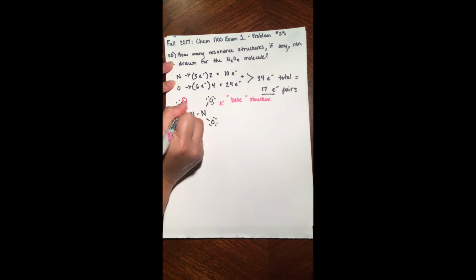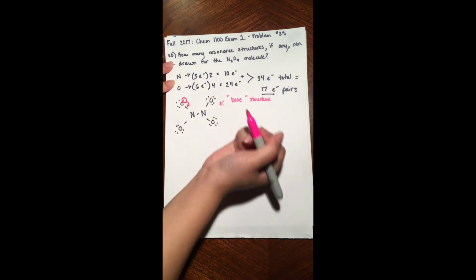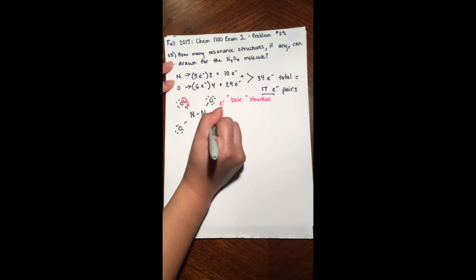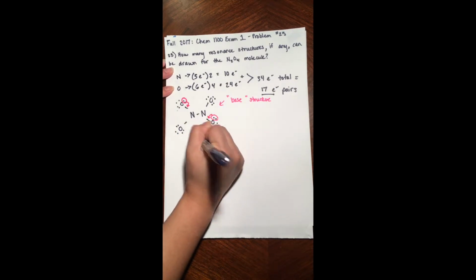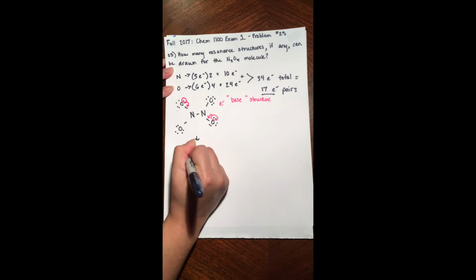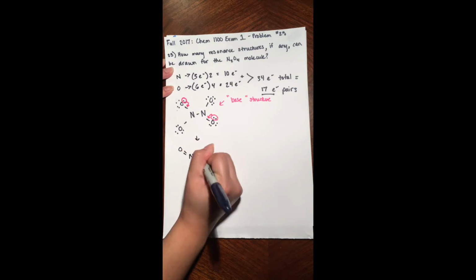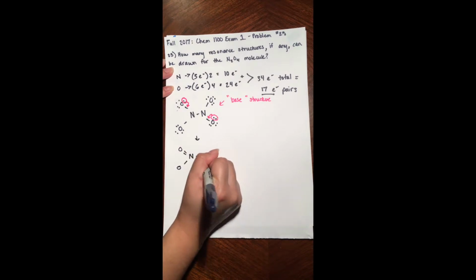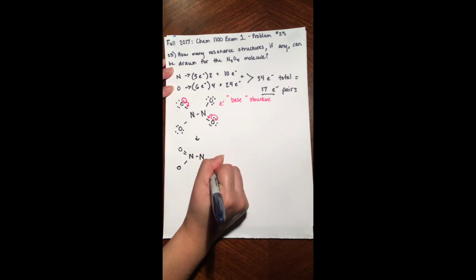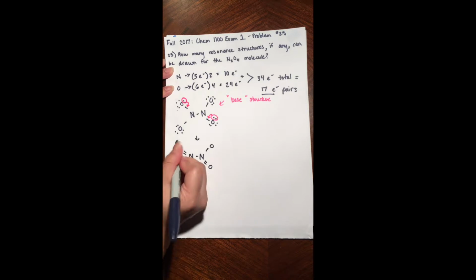So pretend we can take this pair, put it next to that bond, this pair, put it to that bond, so then that's going to give us this structure where we have some double bonded oxygens to the nitrogens. Well, this one is single bonded, this one is double bonded, single bonded.